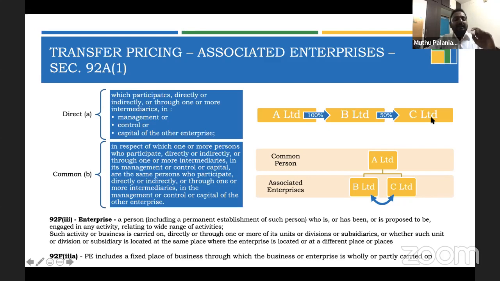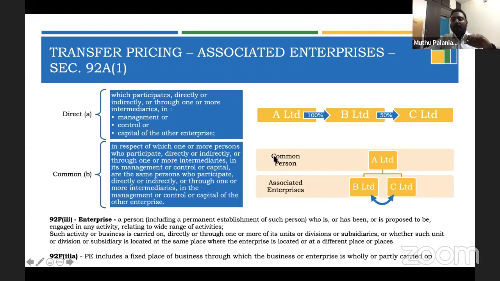So there is a control, there is a participation in the control, in the capital, in the management of these enterprises. So according to transfer pricing provisions, A and B are associated enterprises, B and C are also associated enterprises, A and C are also associated enterprises. So that is why we are talking about directly or indirectly in management, control, or capital.